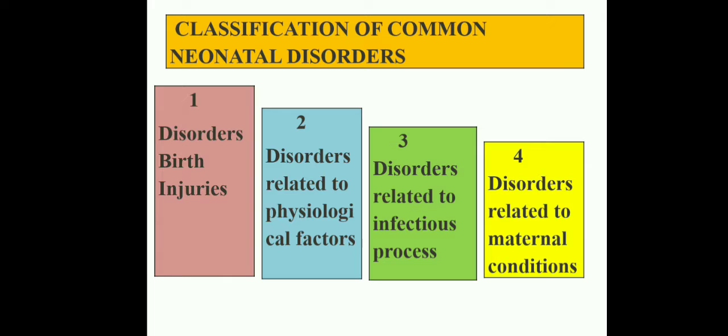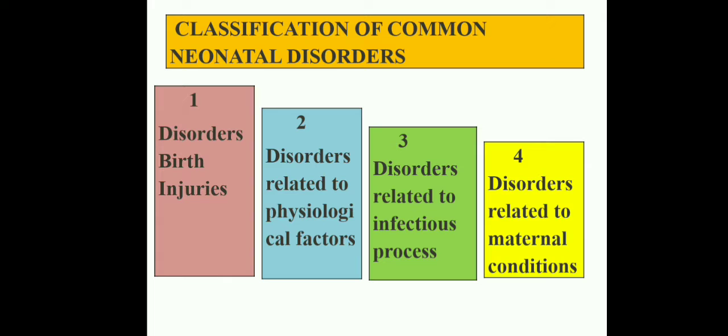And third one is disorders related to the infectious process. Here the disorders are associated with sepsis, neonatal sepsis and some related problems. And fourth one is disorders related to maternal conditions, mostly diabetic mother, that is also one of the causes.